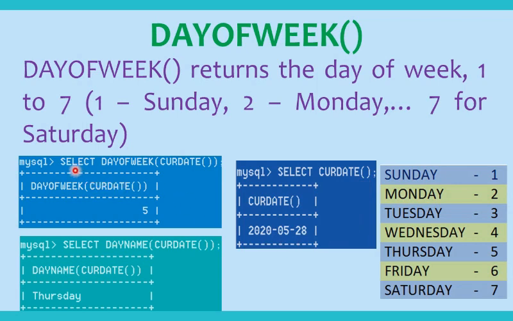This command is written: select day of week current date. So on 28th, as we have already checked, the day name is Thursday, and Thursday is indicated as 5. So the weekday is 5, day of week is 5.